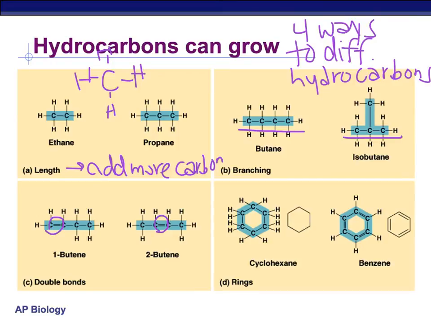So the next way I can do it is I can have double bonds. I could even have triple bonds. So the number of bonds. If you look, carbon is tetravalent, it could connect four bonds to other carbon.